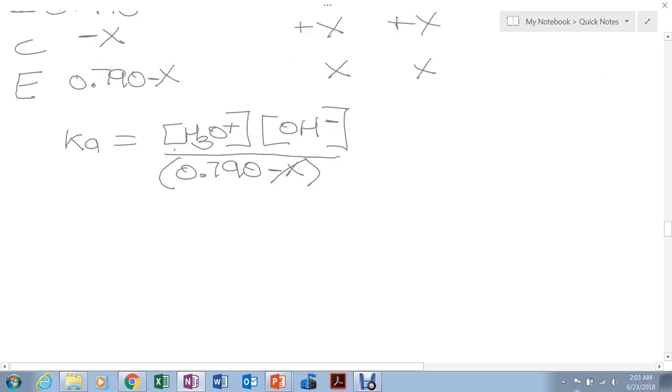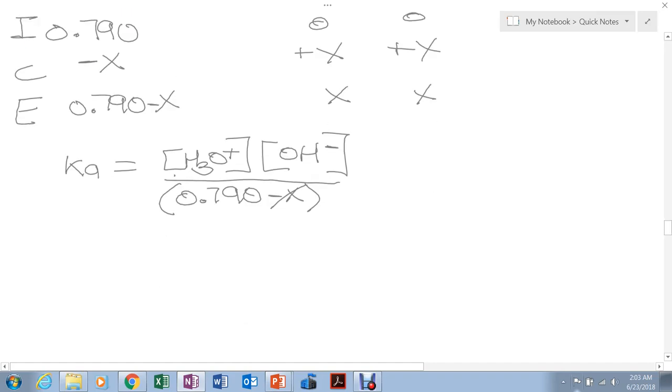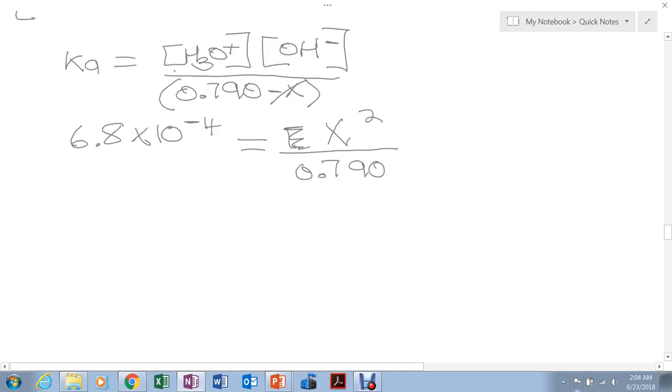So the value of Ka is 6.8 times 10 to the negative 4 equals x squared divided by 0.790.